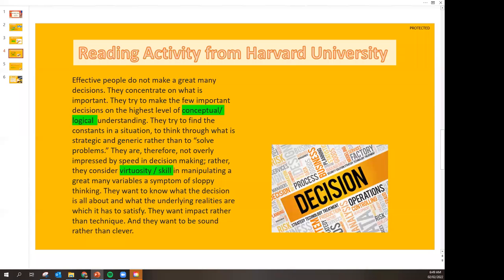They are therefore not overly impressed by speed in decision making. Rather, they consider virtuosity or skill in manipulating a great many variables a symptom of sloppy thinking. They want to know what the decision is all about and what the underlying realities are, which it has to satisfy. They want impact rather than technique, and they want to be sound rather than clever.